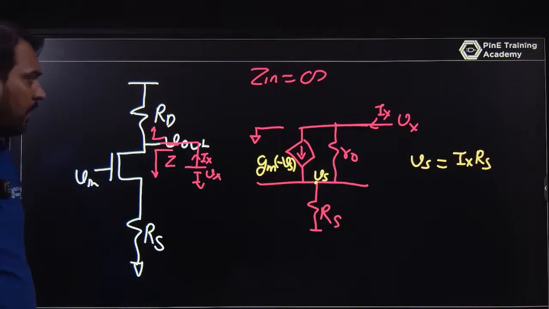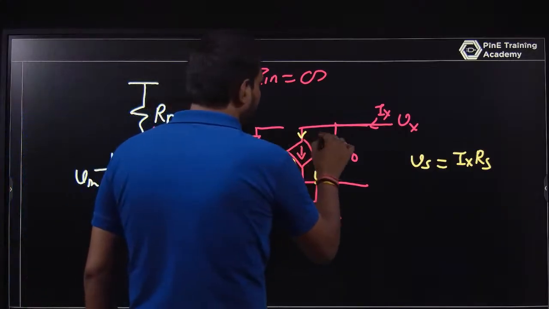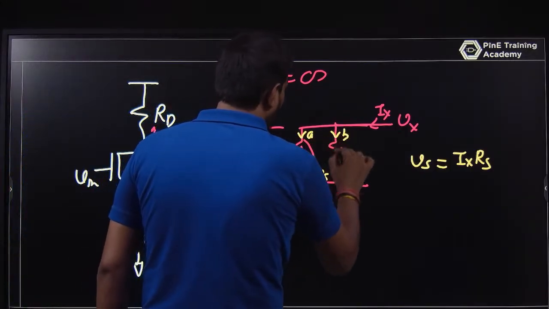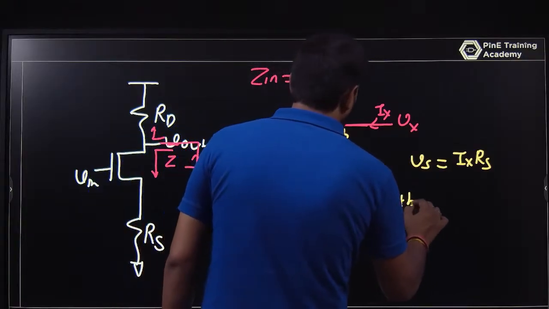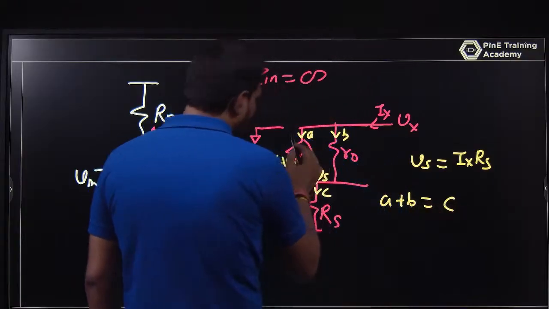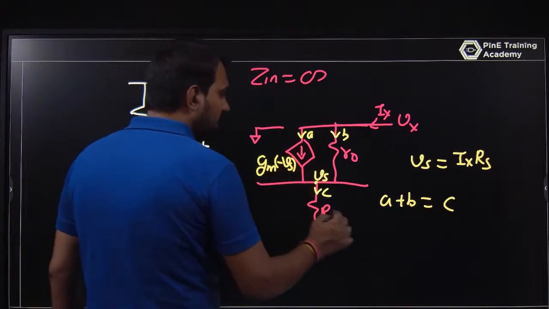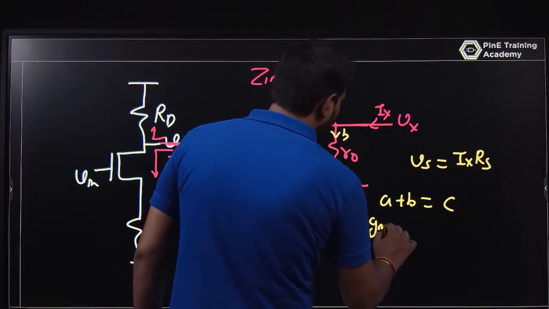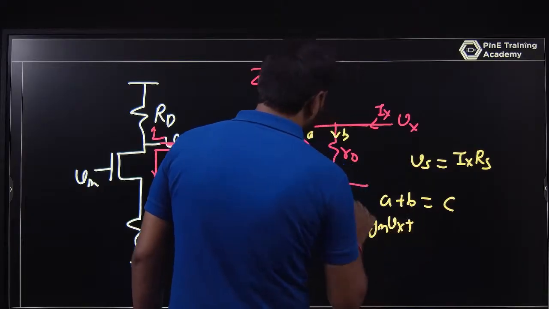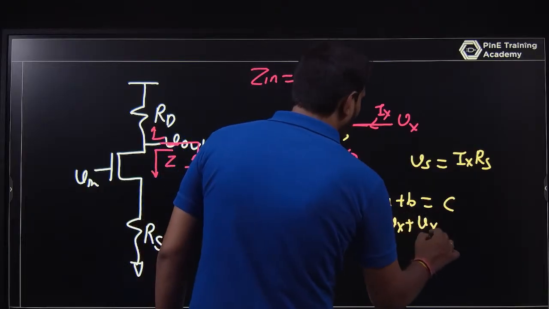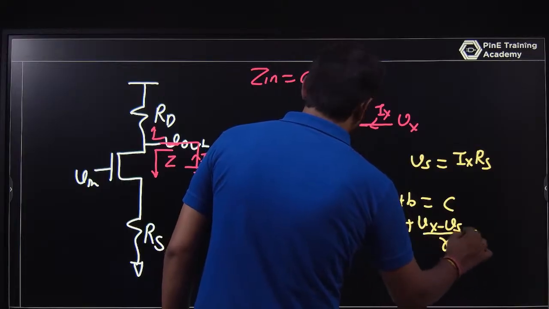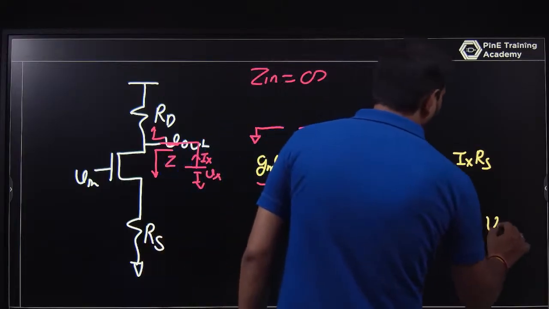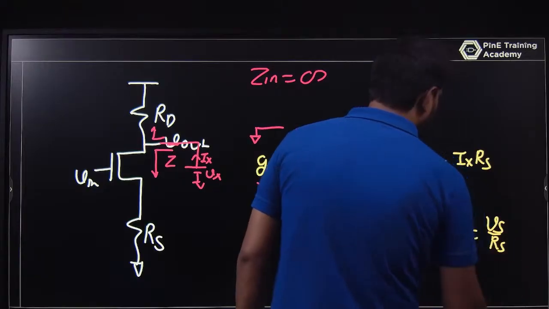Just use the previous one: A plus B is equal to C. A is the opposite side, that is minus gm Vx, B is equal to (Vx minus Vs) upon R naught, and C is equal to Vs upon Rs.